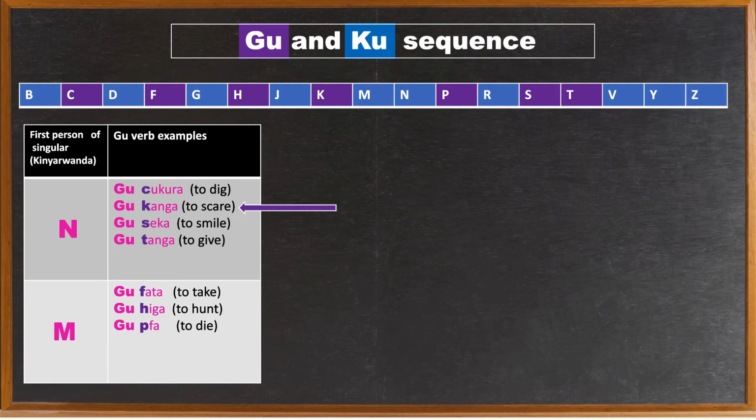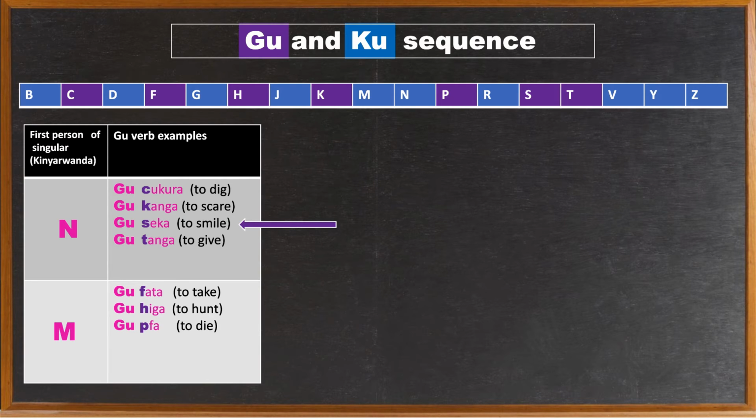Here ka is in the category of gu, chief hacker. And then we've got guseka, that means to laugh or to smile. So this also is a gu verb, because chief hacker pistol.